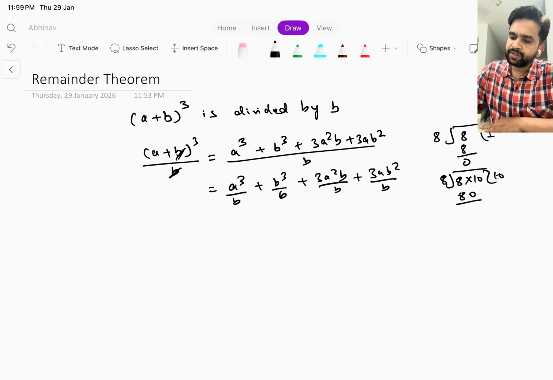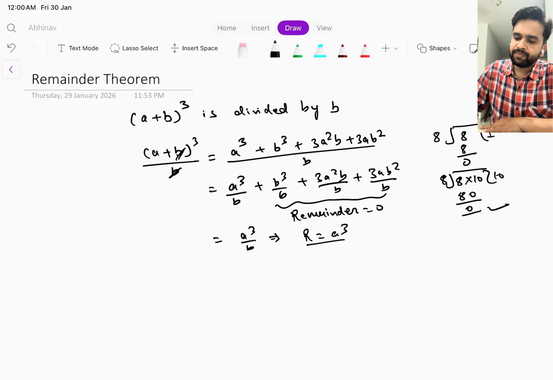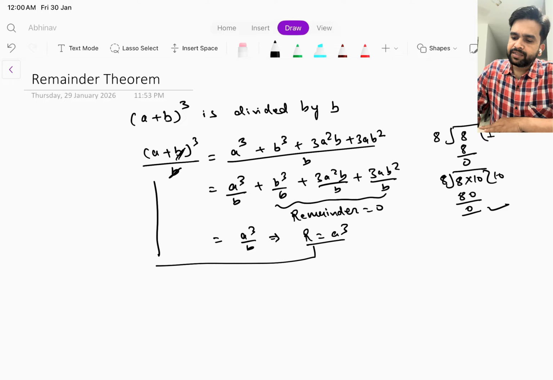Going by the same concept, in all these three terms the remainder will be 0 and we'll be left with a cube divided by b, and hence here a cube is not divisible by b, hence the remainder will come out as a cube. So coming back to our first step, if I cancel b with b, I'll be left with a cube by b, and in that case our remainder will be a cube.